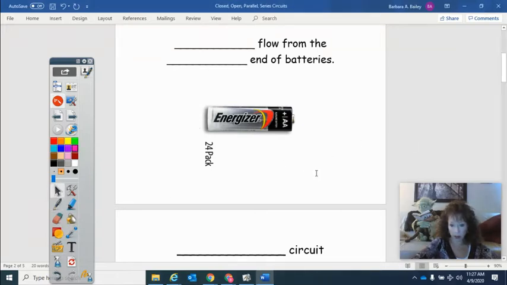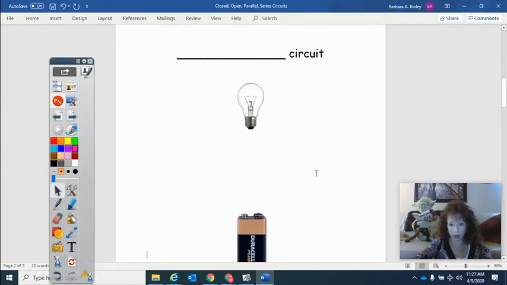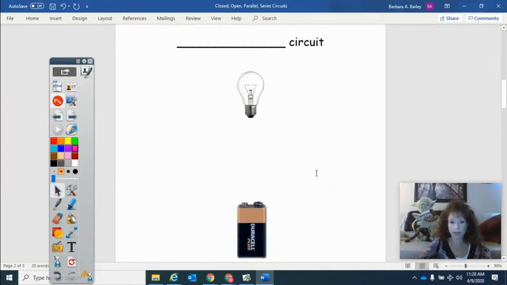scroll down. And the first type of circuit we're going to talk about is just a closed circuit. So we know for a light bulb or any type of appliance or anything that we're going to power with electricity, we have to have a closed circuit, meaning it's making a complete loop.